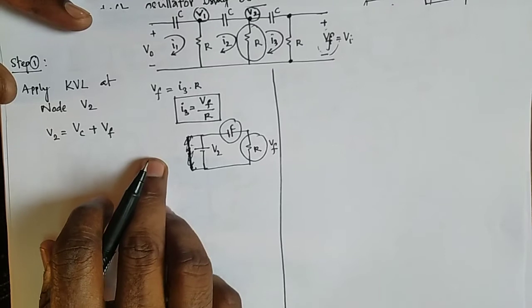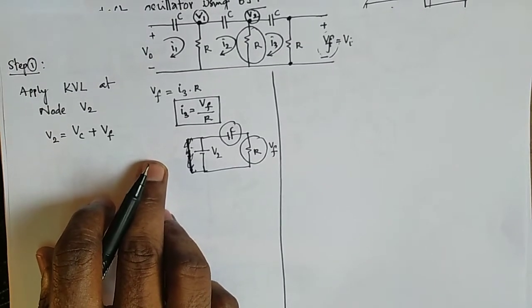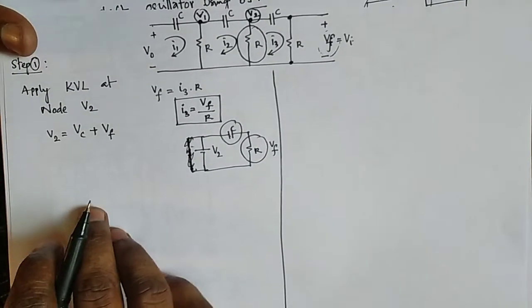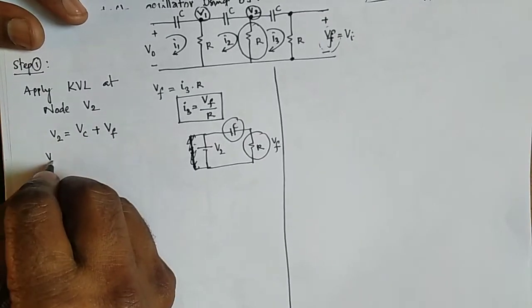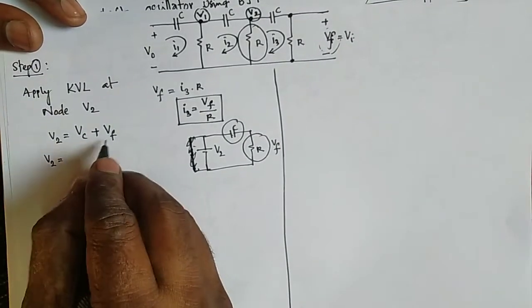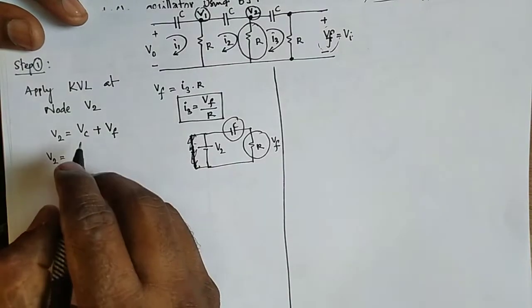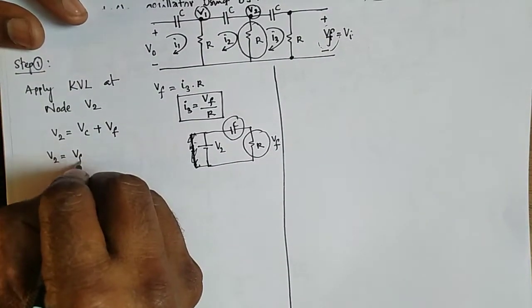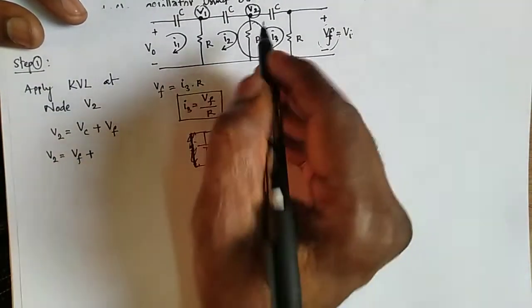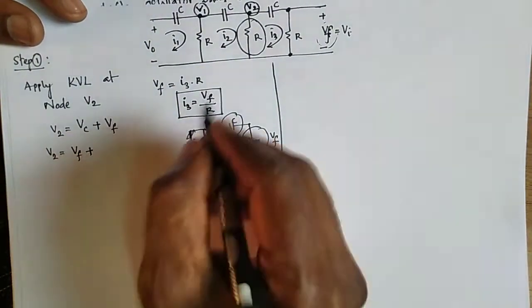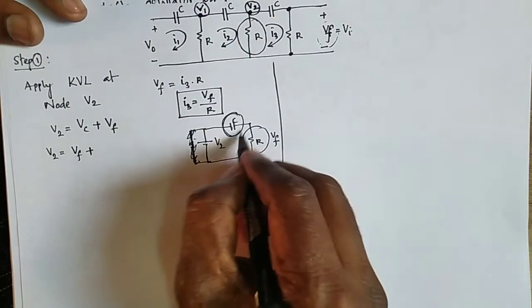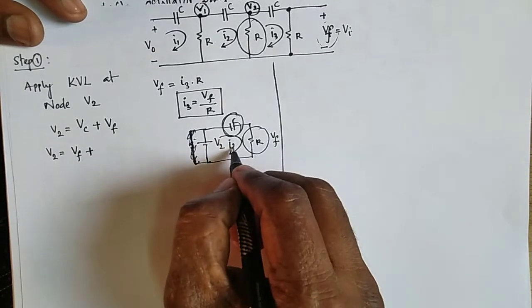Now we have to calculate the function for the V2 value. V2 is equal to Vf plus Vc, the voltage drop across the capacitor. In this branch some current is passing, that value is I3.